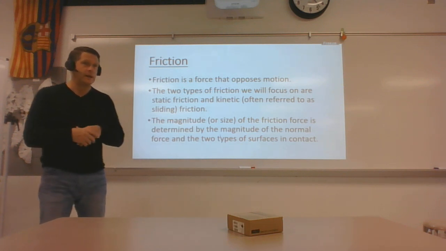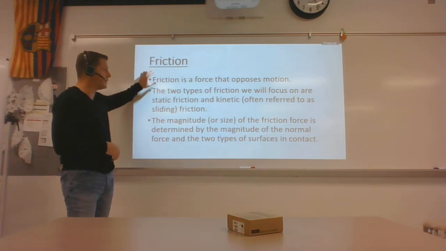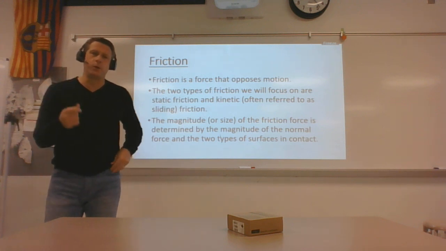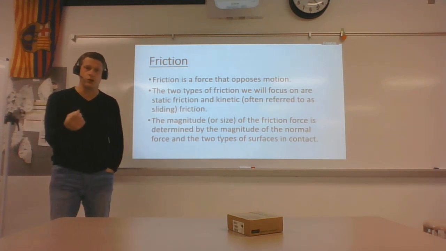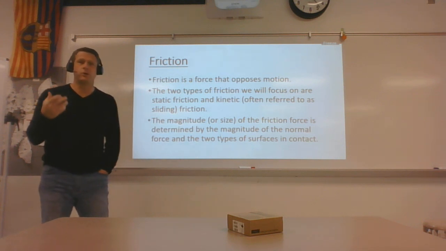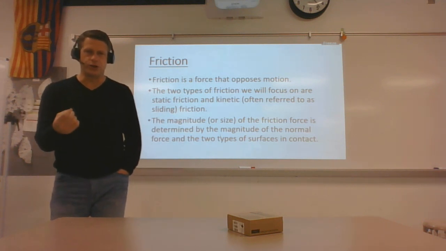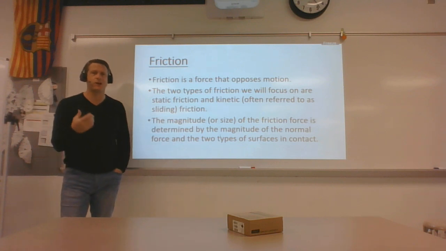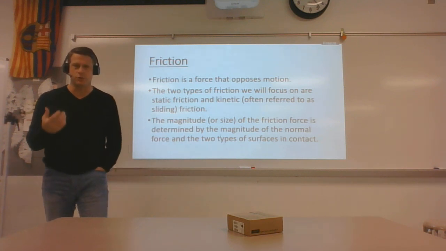All right, so let's start with this idea. Friction is a force that opposes motion, or a force that opposes desired motion. So we can have friction if there is no motion.